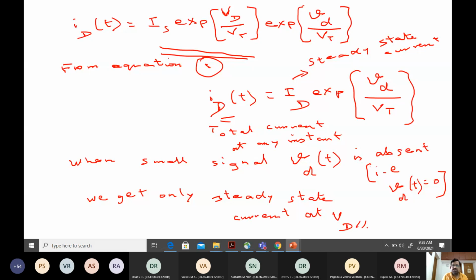That is the diode voltage drop. Okay, so with this equation, now how small this v_d can be, that is the next question. How small this signal, already I told you, is the time varying signal I am talking about.